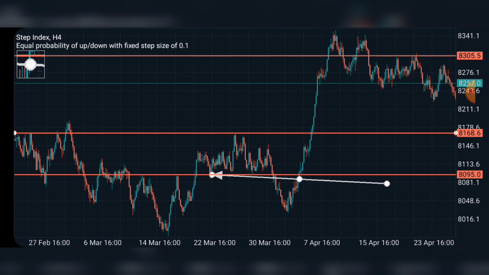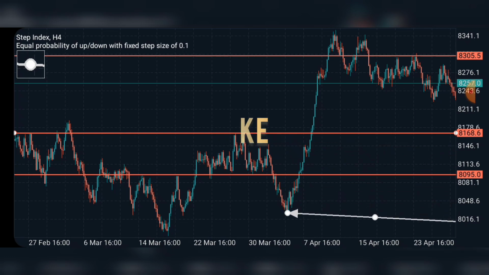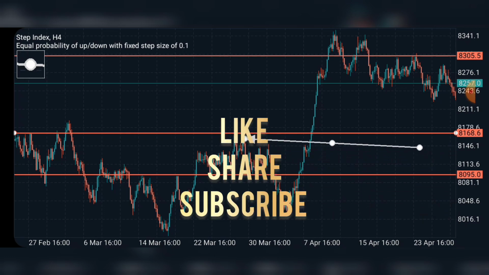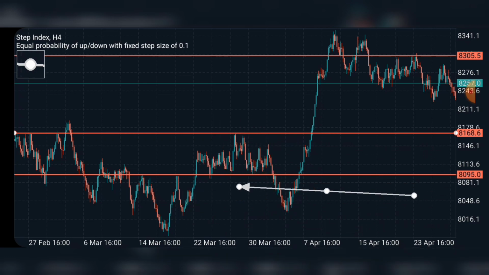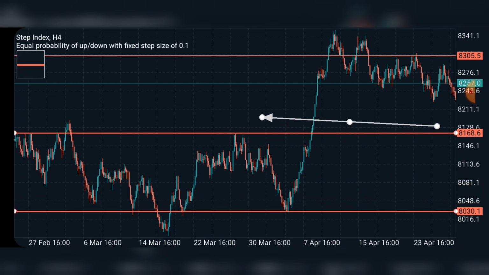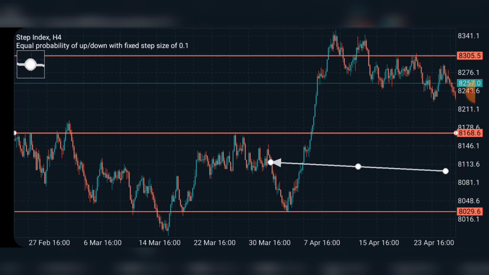So price came in, it's moving, it's consolidating, right? Consolidating, and then the consolidation has been broken right here. So this range has been completely taken out right here, right? And then price basically created a new range. So it tapped into this demand zone from this high to this low. From this high to this low would have been a new range, and we'd wait to see what price would be doing within this range.